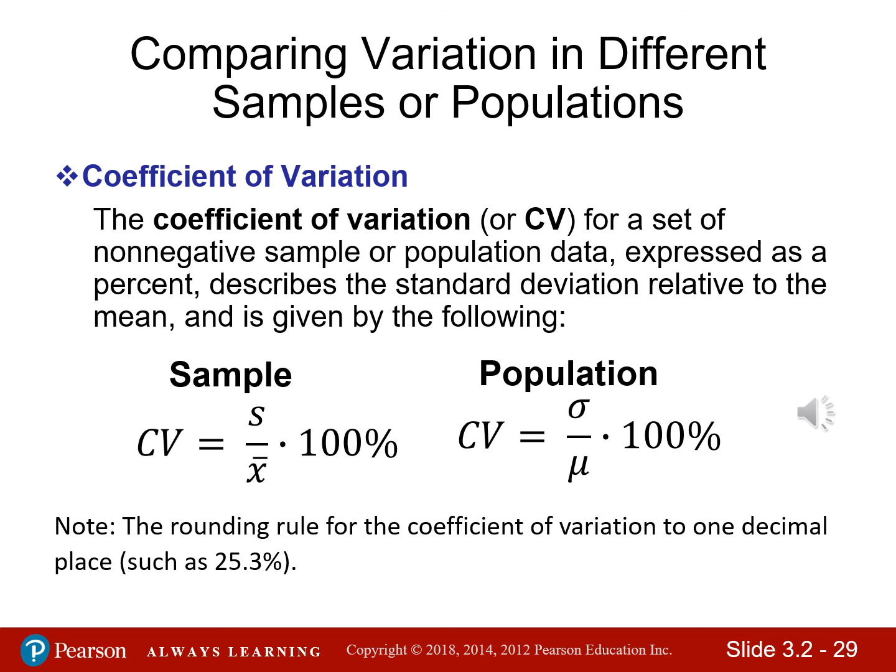The formulas for the coefficient of variation are, for a sample, CV equals the sample standard deviation divided by the sample mean times 100%. And the population coefficient of variation is the population standard deviation divided by the population mean multiplied by 100%.